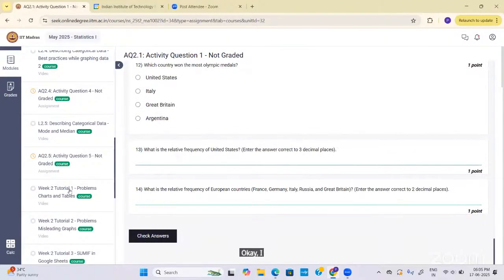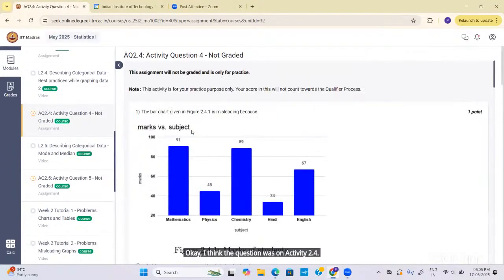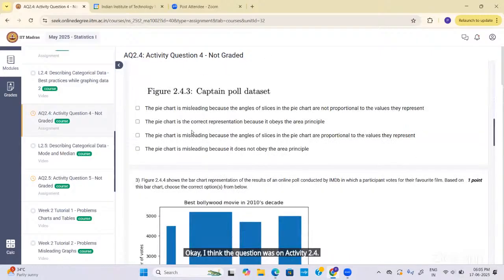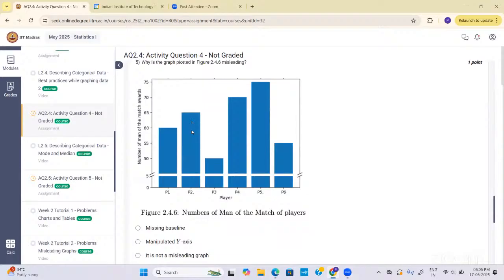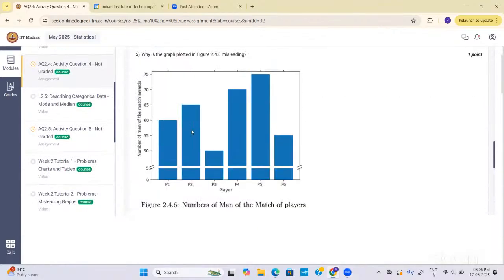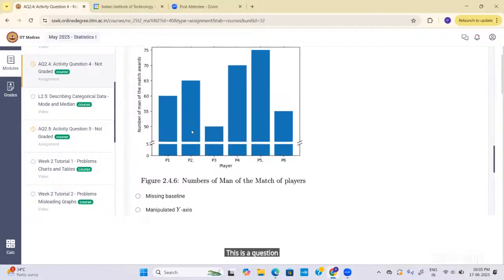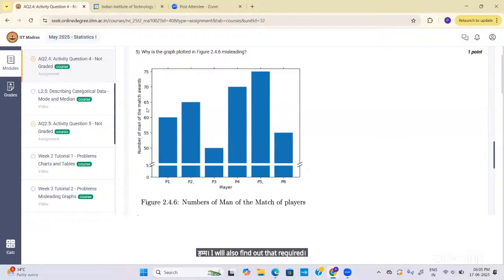Okay, I think the question was in activity 2.4. This is your question? No, ma'am, I'll find out if that is required. Okay, search where your question is in which activity, then we can discuss it. Okay, ma'am, I'll get back.